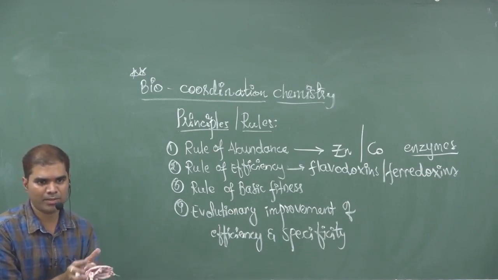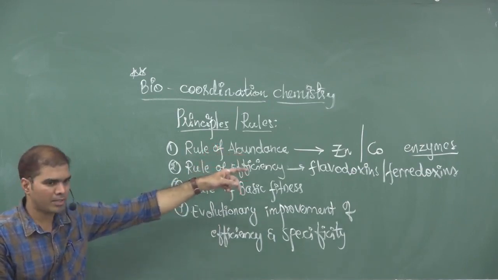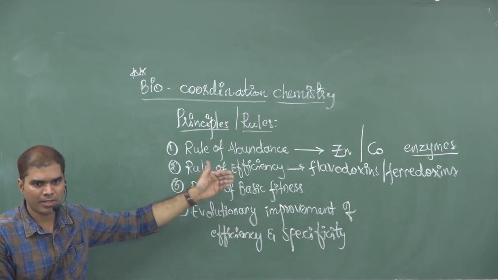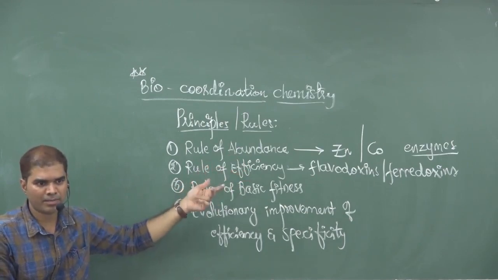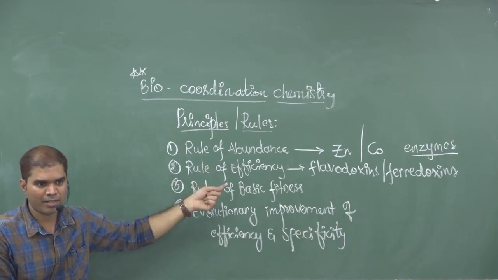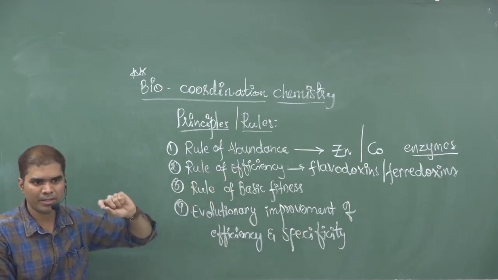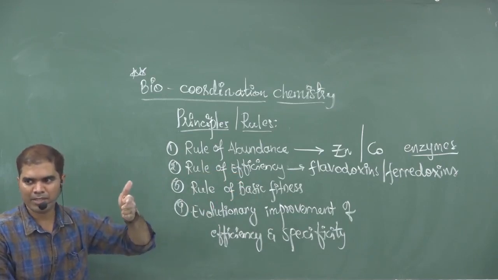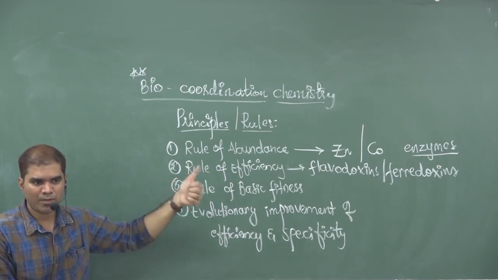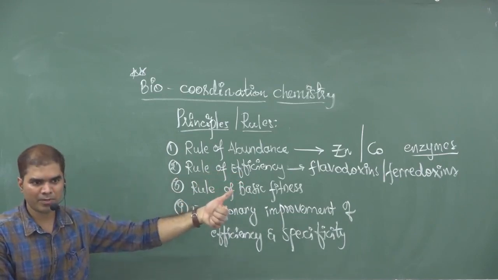Proteins that carry electrons: pyridoxines, cupridoxines, flavodoxines. All these come under electron carriers. I am choosing flavodoxine, a non-metal electron carrier, and pyridoxine, a metal electron carrier. Instead of saying carriers, I may call them electron transfer proteins. Flavodoxine is an electron transfer protein. Pyridoxine is also an electron transfer protein.